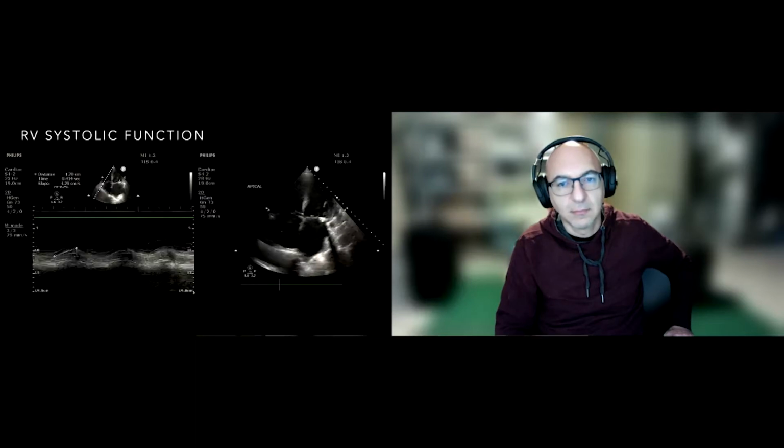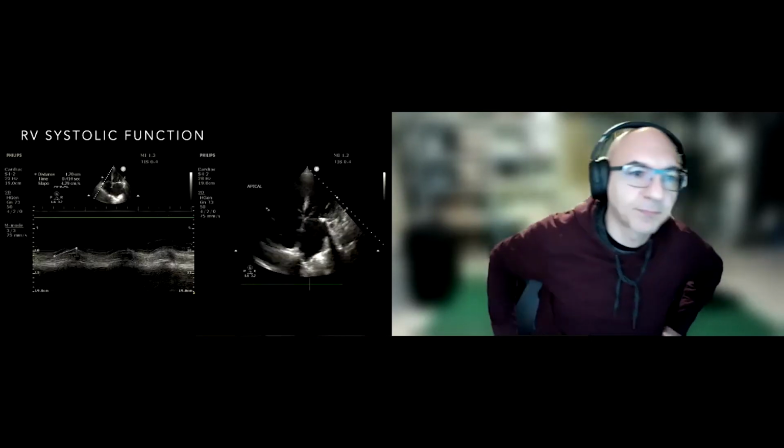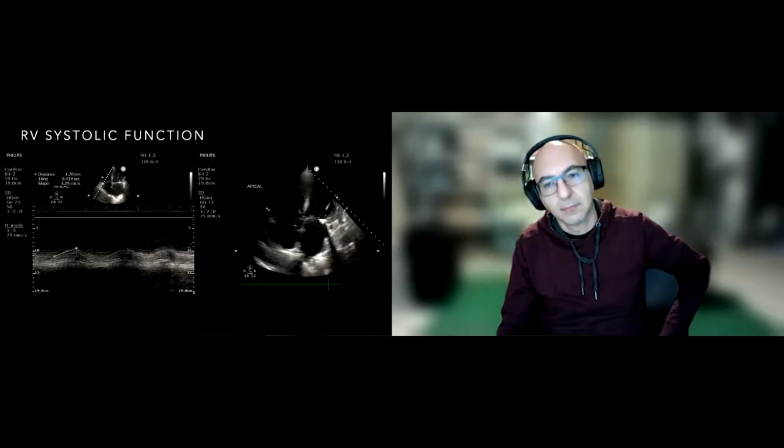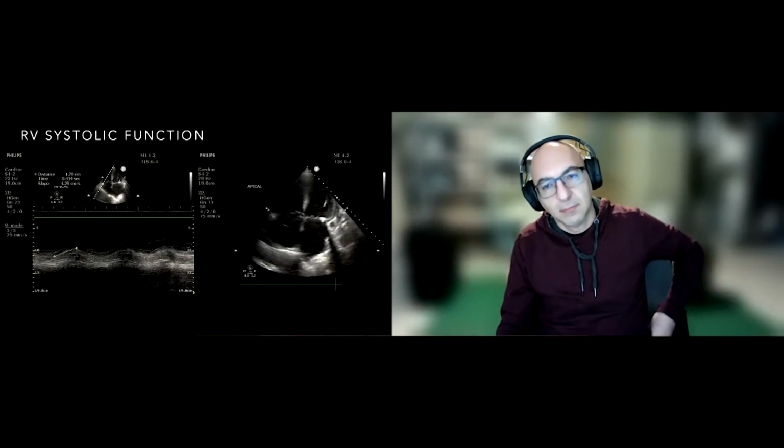Moving on to RV function, we're going to slip over to the RV quick and then come back to the LV. But as we're thinking about global forward function, right? We went from how do the views look and major valvulopathy, now LV function, RV function. In this particular case, it's really two things that we look at: the RV/LV ratio, and then the TAPSE.